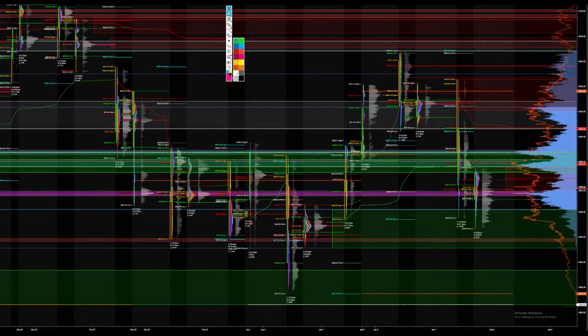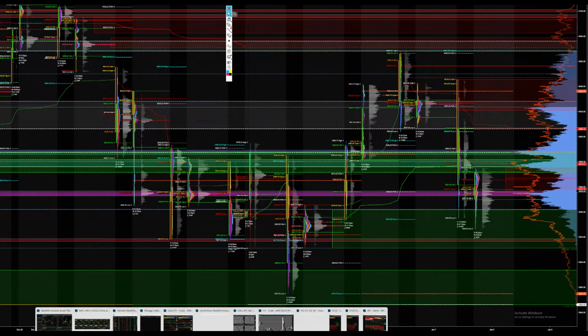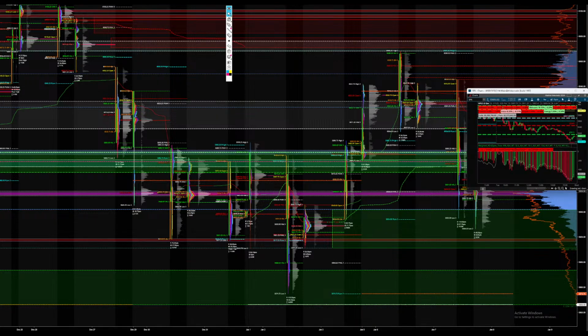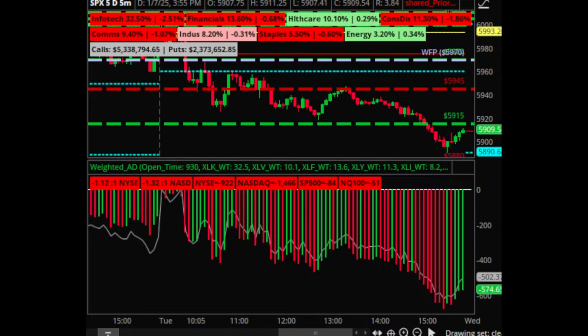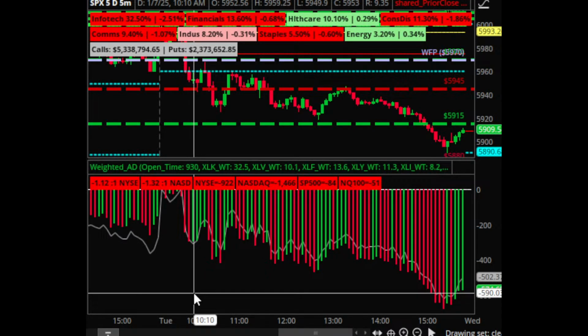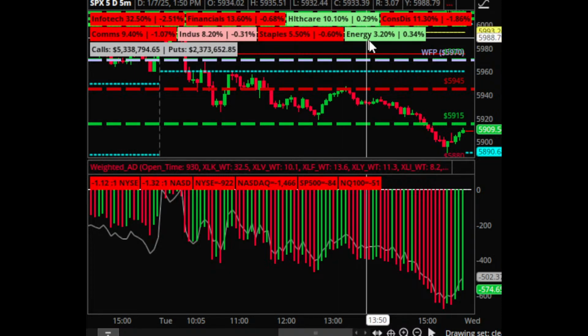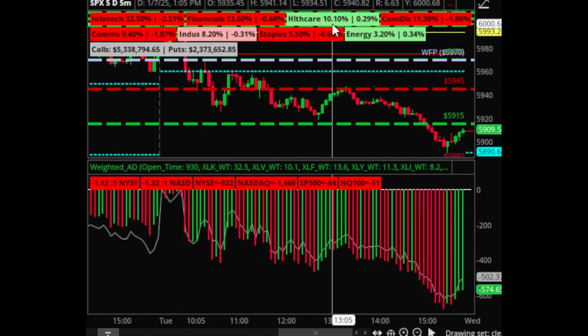And we're going to look at yesterday. The one thing I want to show you first is the internals of yesterday. It was blood red except healthcare and energy. But energy doesn't move the markets, and healthcare is a 10.10% weighting. It's kind of lost some sheen here because it's been pulling back.